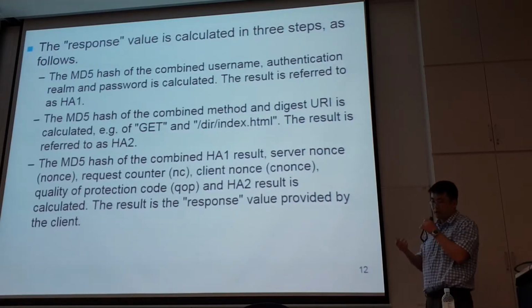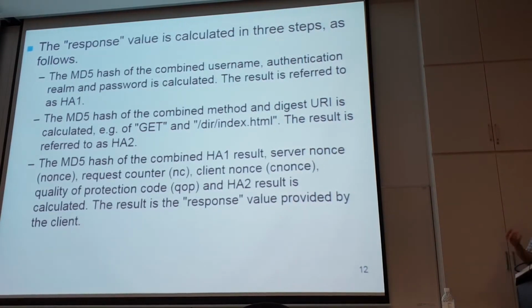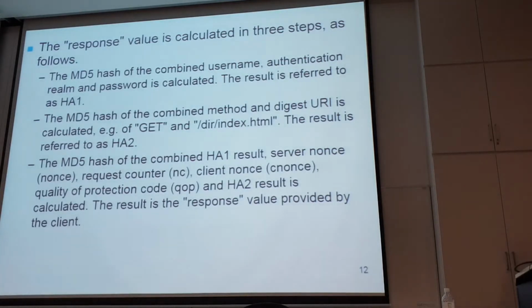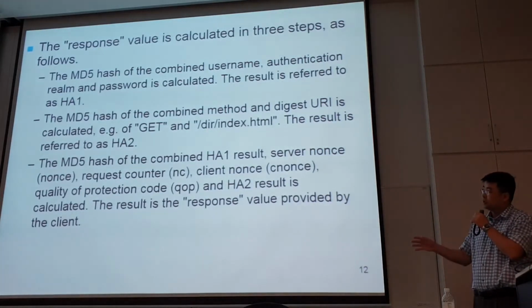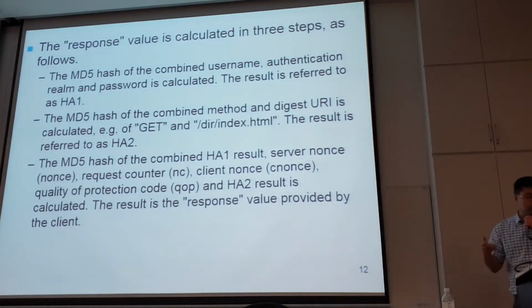Because if you just send the hash of the password, someone who can eavesdrop on the network and get this hash can later simply send the same hash value to log into the system. To prevent this kind of attack, we don't send just the hash of the password, but also include some additional items.